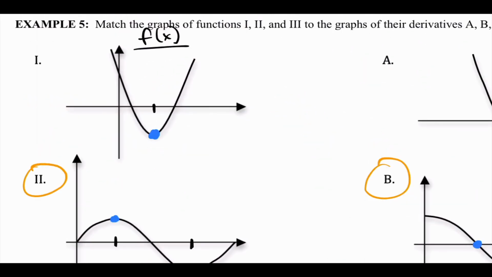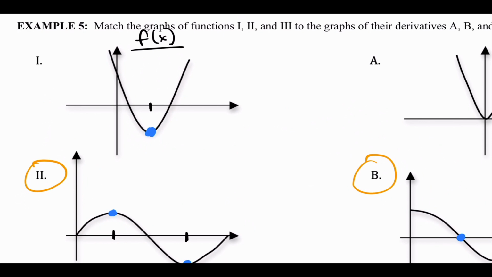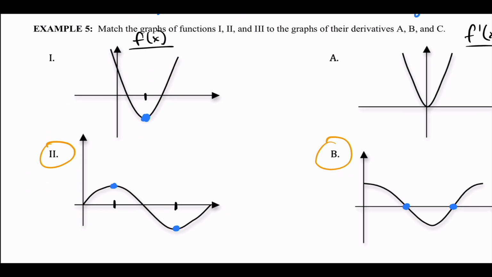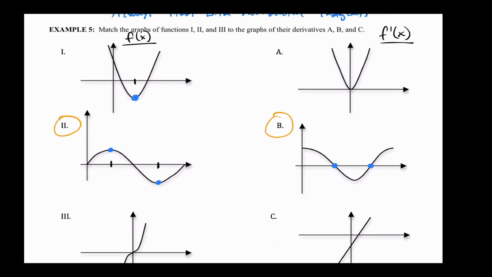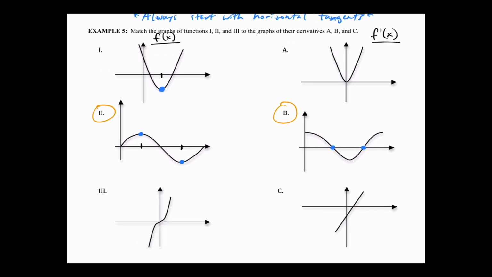So let's go to this guy right here, number 1. We said that number 1 had one tangent line, right? Or one horizontal spot where it was a horizontal tangent line. So how many times should its derivative cross the x-axis? Once. Which one crosses just once? C, yeah. C does right here, right?